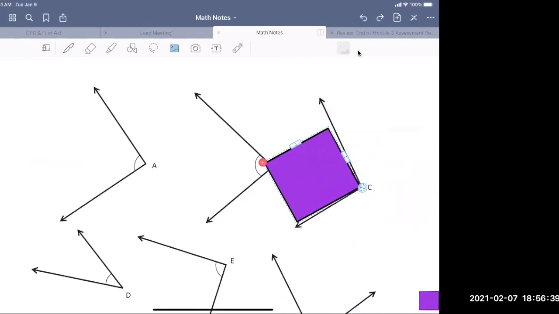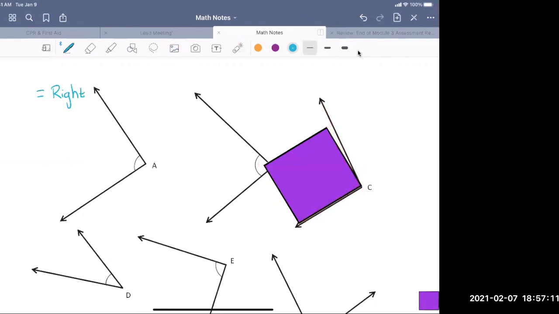See, this is a lot easier with your paper, so you can just line up your paper in the corner. We see we have the line of our square lined up with the line of the angle, and we can see that C is a little greater than our right angle. So A is equal to a right angle.